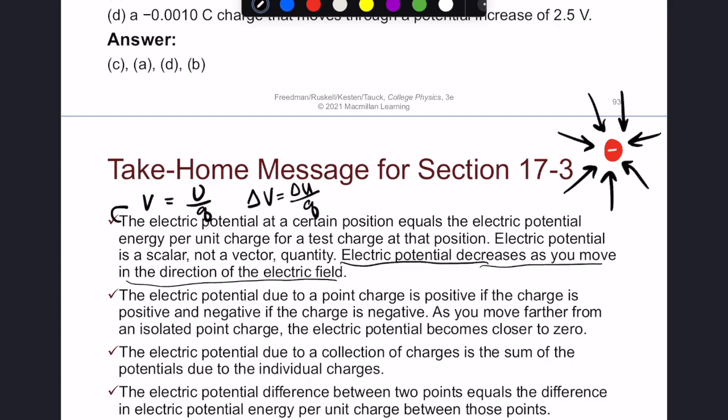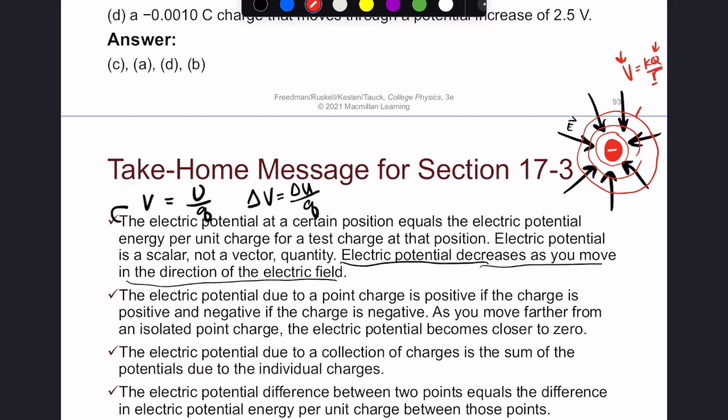And so, right, these are little electric field lines. And potentials are little rings around the charges. And the value of each potential is V equals kQ over r. So if Q is negative, then V is negative, right? And the closer you are, the bigger the potential in magnitude, right?